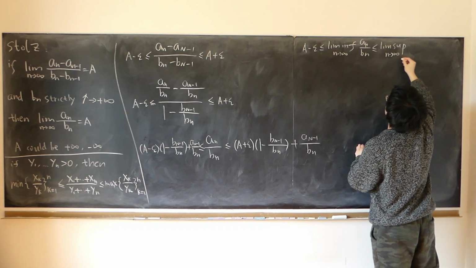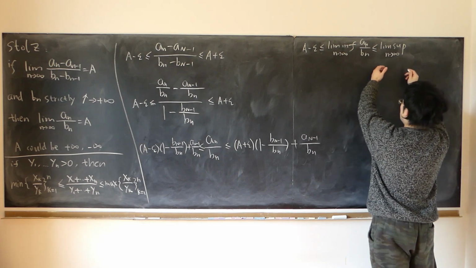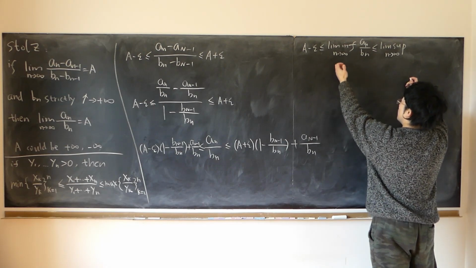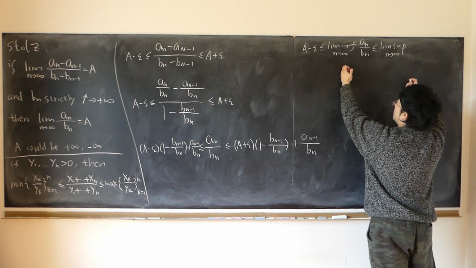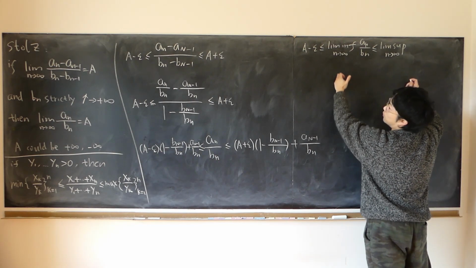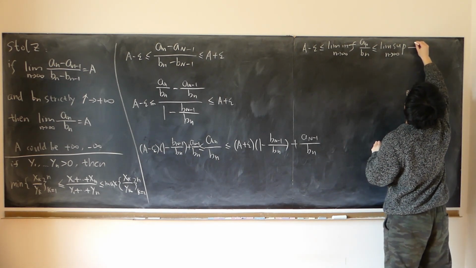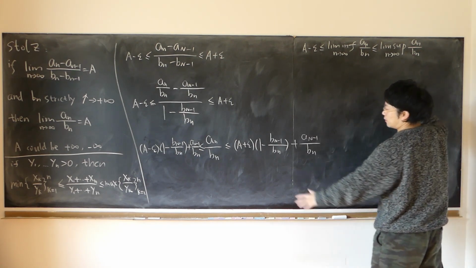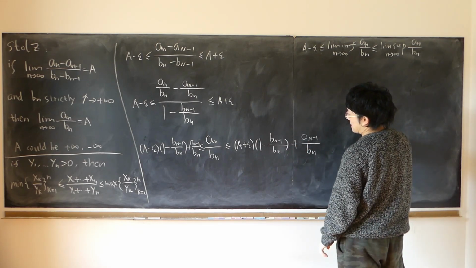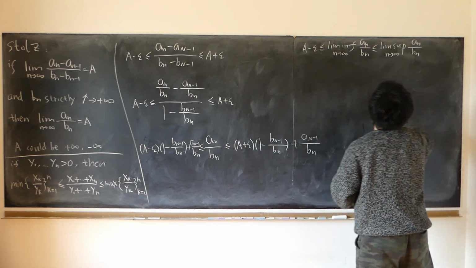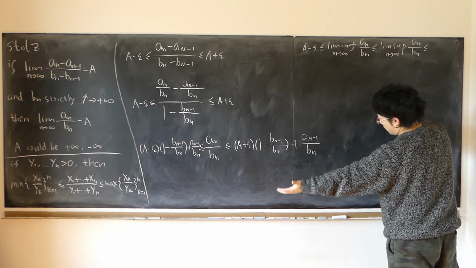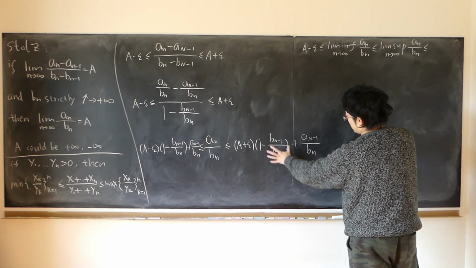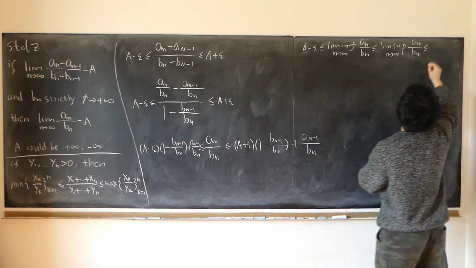What's the definition of limit supremum? The limit supremum is the supremum of the set of all the limit points, and the limit infimum is the infimum of the set of all the limit points. So the limit supremum of an over bn, and we also take the limit supremum on the right-hand side. The inequality remains less than or equal to, for the same reason. The limit supremum is just the limit, because the limit easily exists on the right-hand side: a plus epsilon.